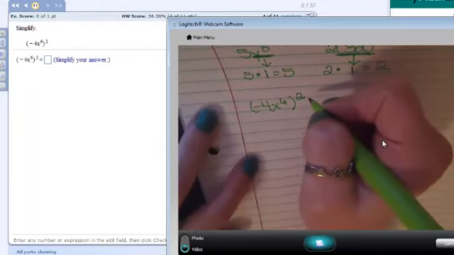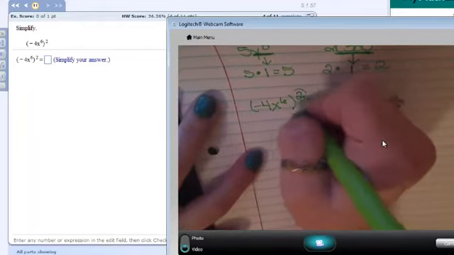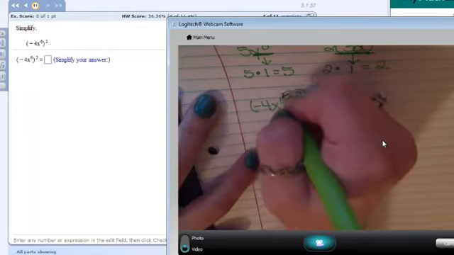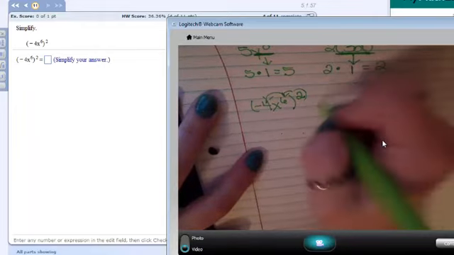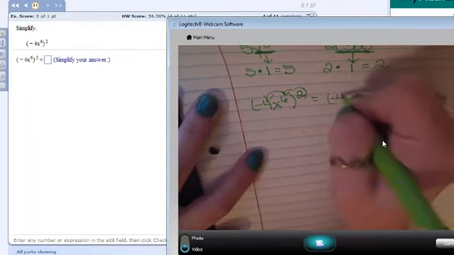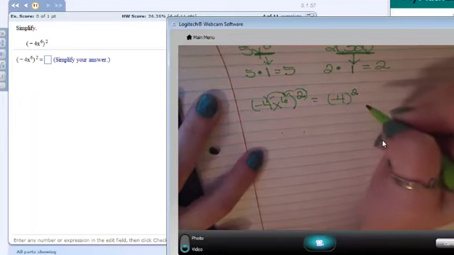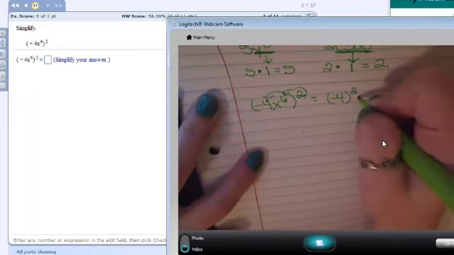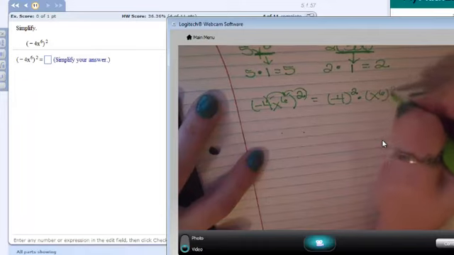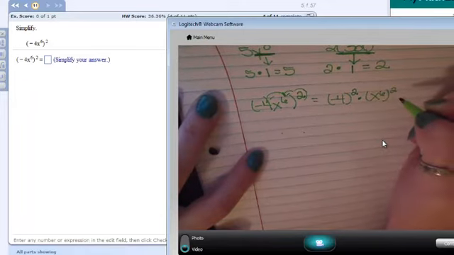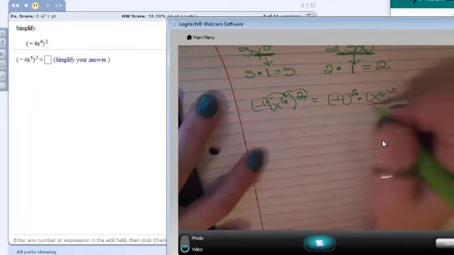So remember, we have to distribute this power into everything on the inside. So that means we have negative 4 to the 2nd power times x to the 6th to the 2nd power. So let's just focus on the second part right here.